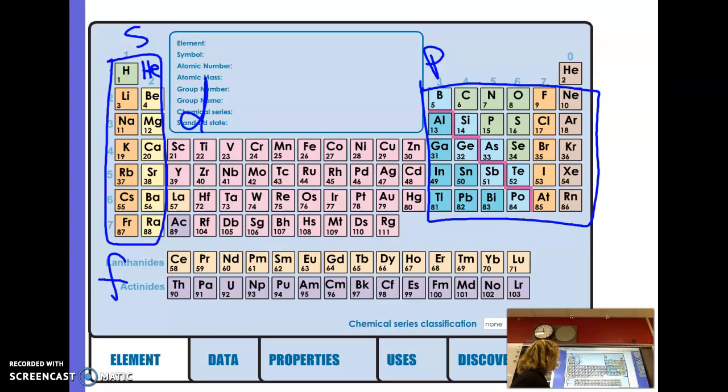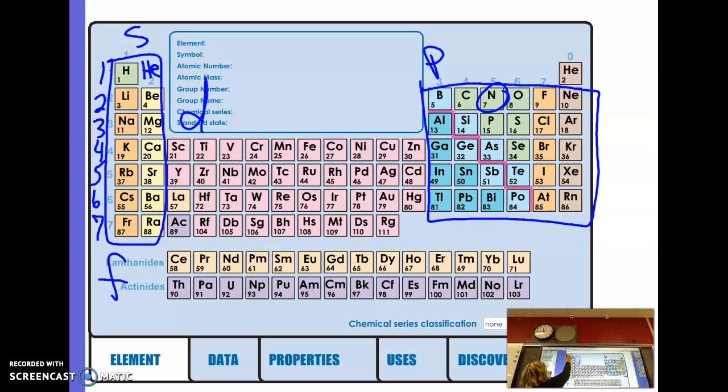So when we write orbital notation, we always start with this 1s. Remember, this is 1, 2, 3, 4, 5, 6, 7. We start with the 1s orbital always. If I'm doing something like nitrogen, these orbitals have to fill in order, the lowest energy one first.